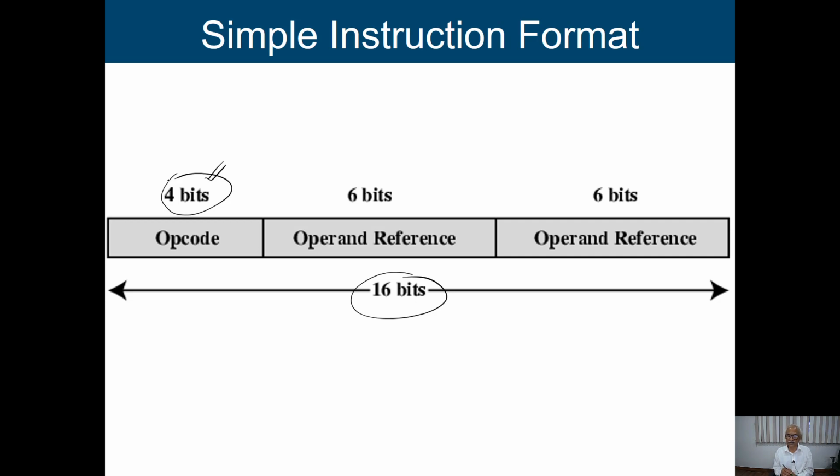So this is a simple instruction format. Now you have to look into whether the instruction format is the same for all the instructions of a machine. While designing a processor, should all the instructions have the same format? In general, it is no.